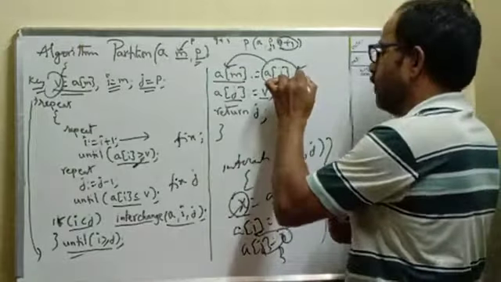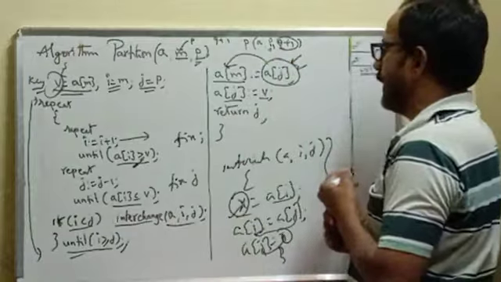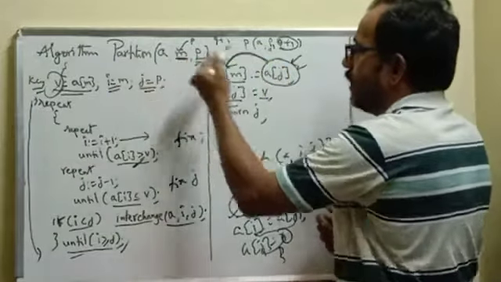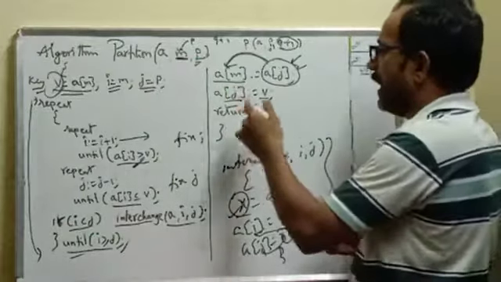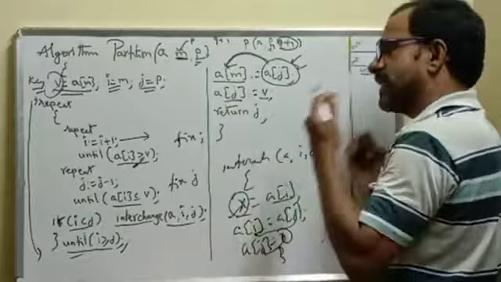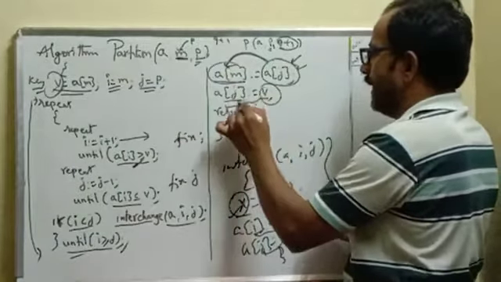Once crossover occurs between I and J, whatever element is at the jth location, simply copy it into the mth location. What is the mth location? The first location in the array. Then that location will be overwritten by A of J, but on the safe side we placed A of M in V. Simply copy V into A of J.